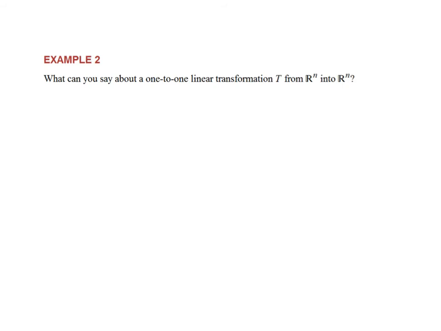So we'll say that one-to-one implies that the columns of the standard matrix A of the transformation T are linearly independent.